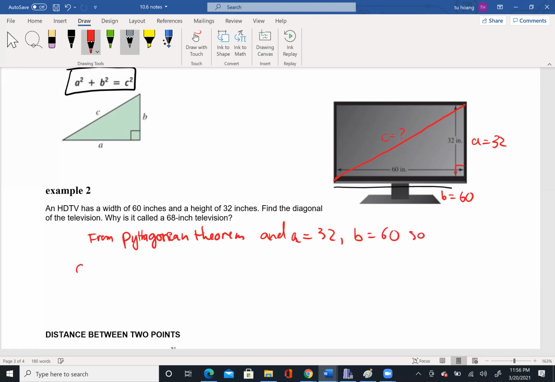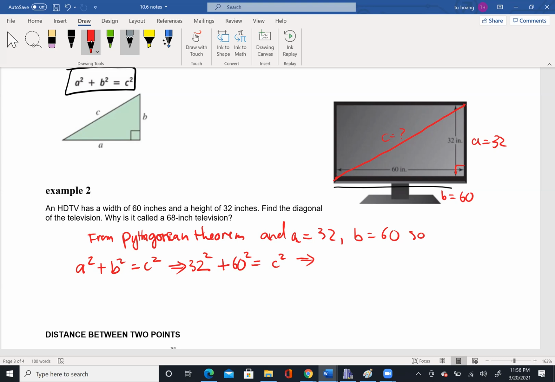So A squared plus B squared equal to C squared. That's how I have 32 squared plus 60 squared equal to C squared.